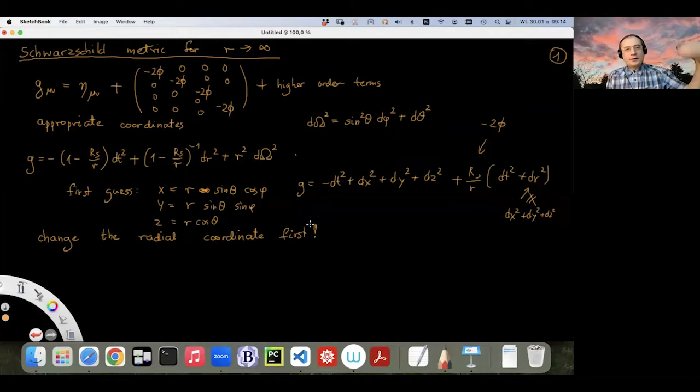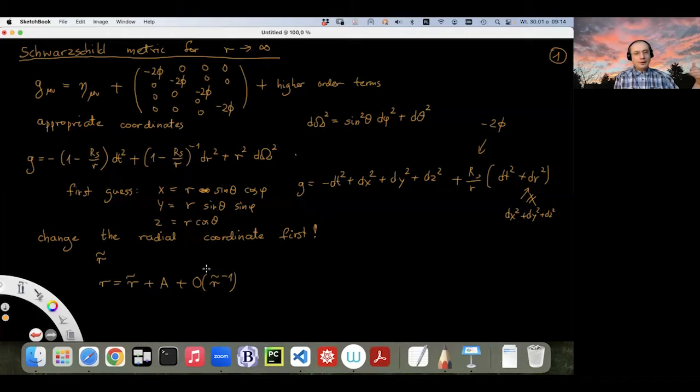And we want to change this radial coordinate for very large r, but not by very much. So we introduce a new coordinate r tilde, such that r is equal to r tilde plus a, plus something that is of even lower order in r than before, so O of r to minus 1.